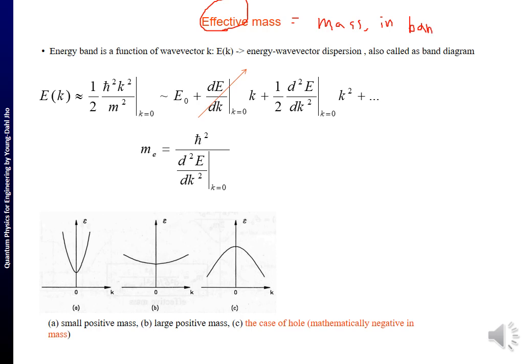In crystalline materials, we saw there are bands, conduction band and valence band. We see band structure. The most simple band structure was conduction band and valence band near the K equals 0 point.